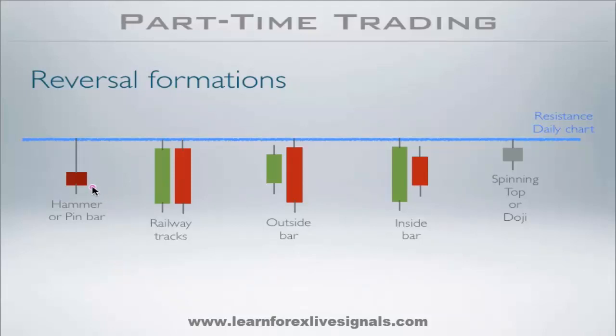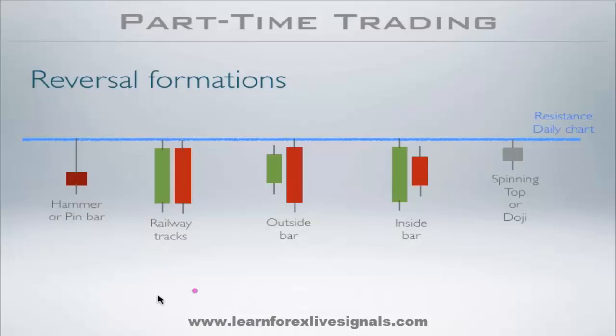Again, conservative way: wait for price to break the low on the next candle, 5 pips below the low of the hammer. The aggressive way: as the new bar opens up, right there is where you click on your sell button. It depends on how aggressive you are. I personally prefer the conservative way. I wait for price to confirm the bounce by breaking below the low of the hammer bar.